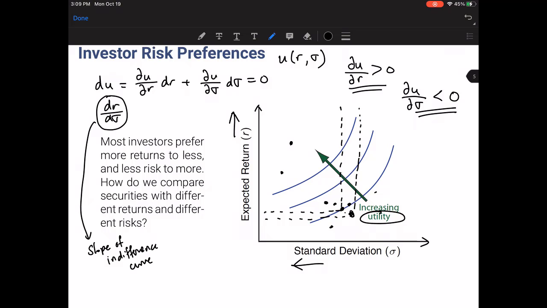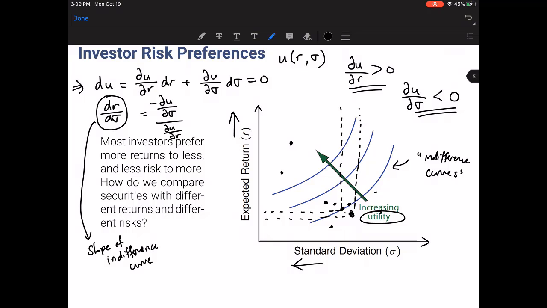These are called indifference curves. All right, so let's rearrange the terms from what we did here. We will get negative partial U partial sigma divided by partial U partial R.